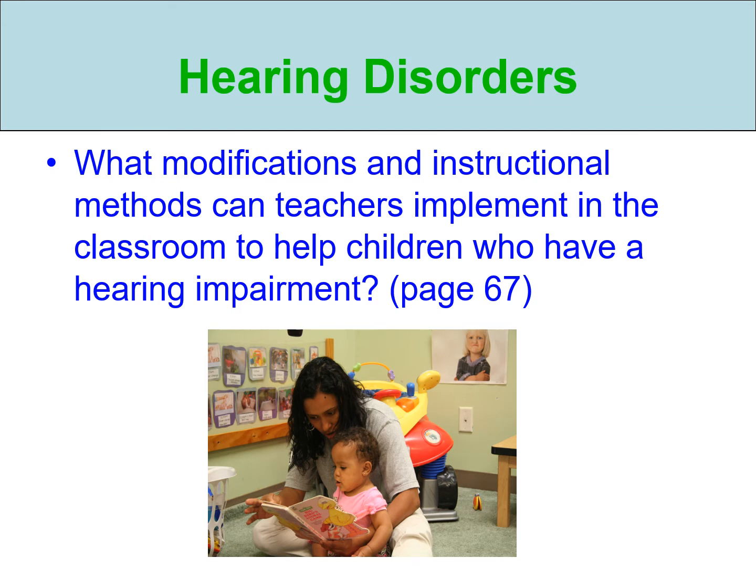So on page 67 of your textbook it talks about some modification and instructional methods that teachers can implement in the classroom to help children who have hearing impairment. For example, you can reduce background noises such as music or the radio.